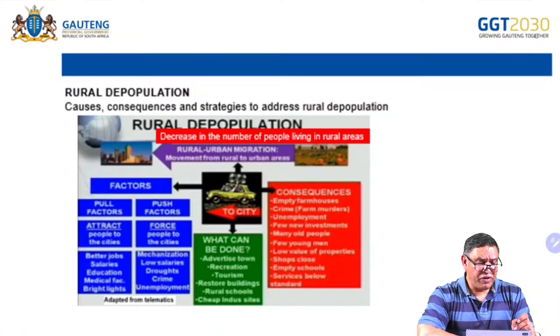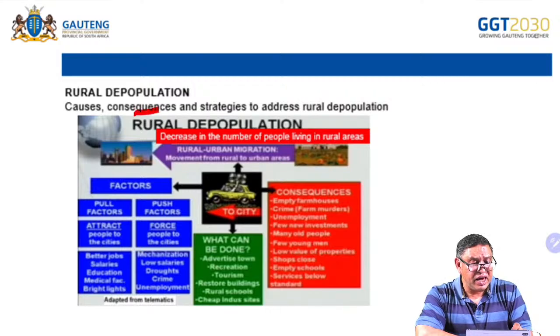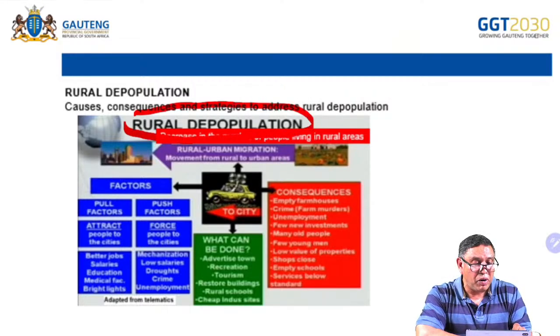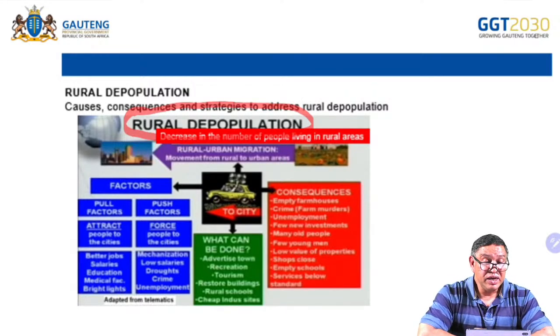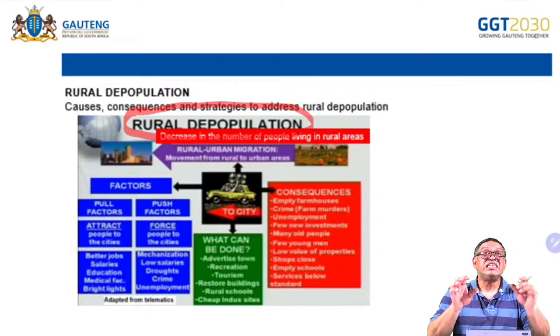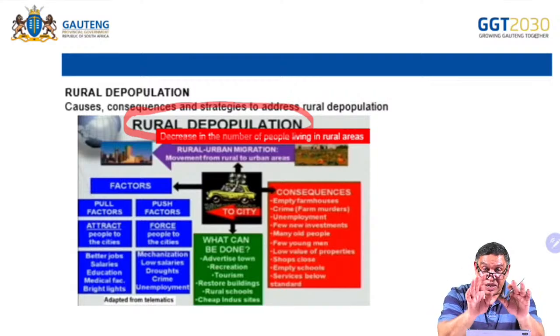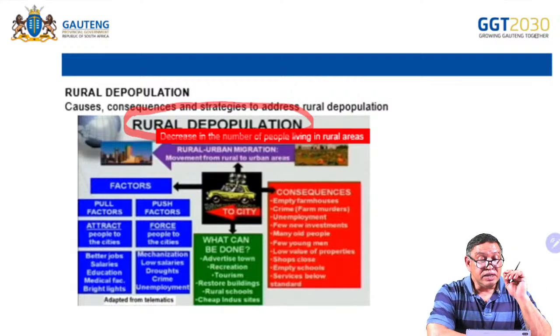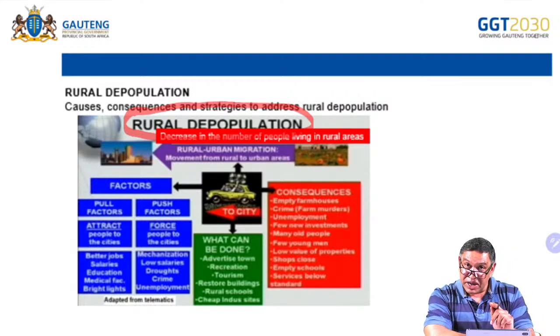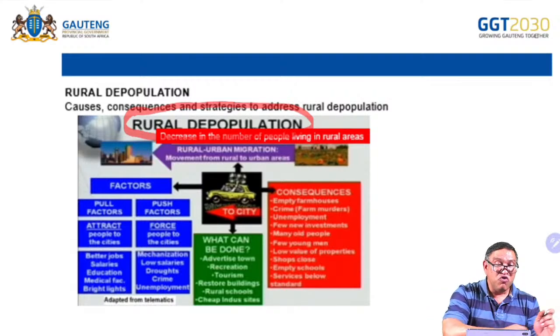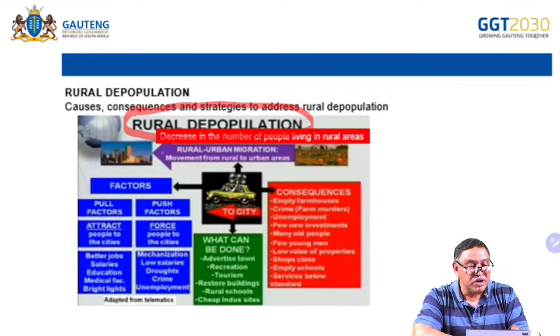Now the core factor here is rural depopulation, okay? It's the decrease in the number of people living in rural areas. Then we've got rural-urban migration. It's the movement of people from rural areas to urban areas.